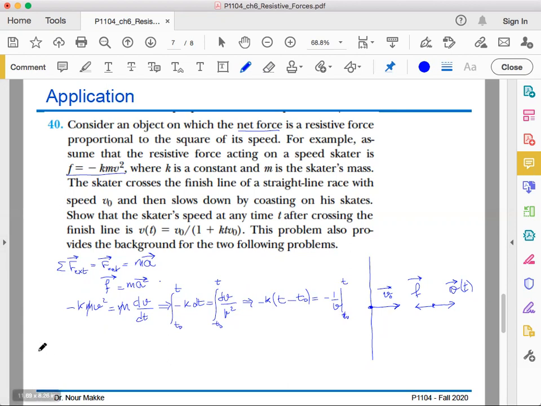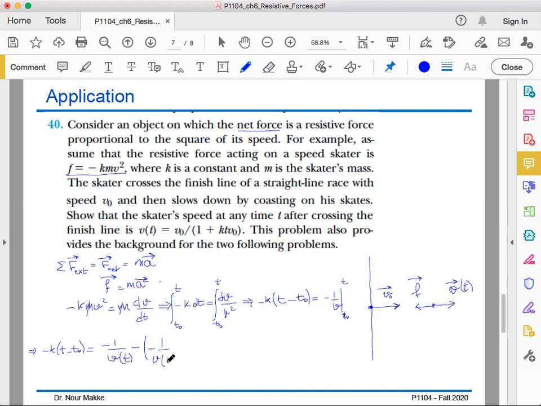So you end up with minus K times (t minus t0) is equal to minus 1 over v, so minus 1 over v at the time t, minus minus 1 over v at the time t0. You just evaluate the function at the two limits.